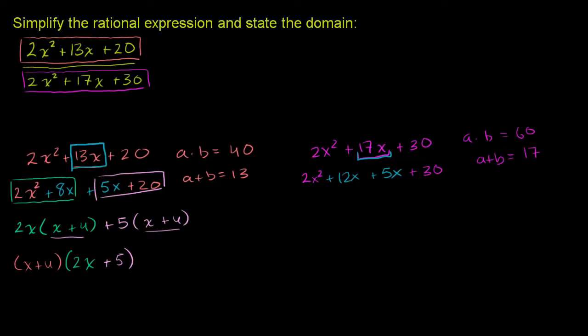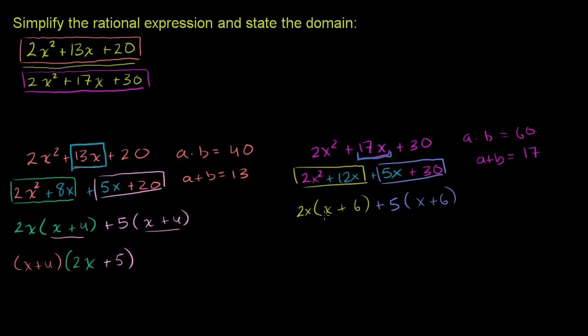On this first group, we can factor out a 2x. If you factor out a 2x, you get 2x times x plus 6. In the second group, we can factor out a 5, so you get plus 5 times x plus 6.